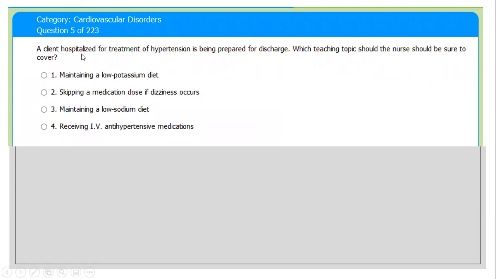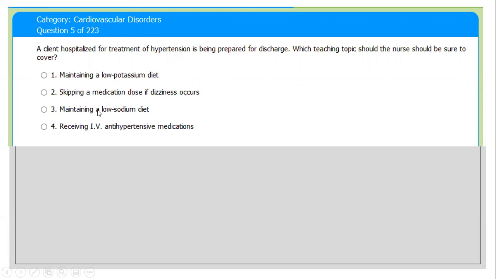A client hospitalized for treatment of hypertension is being prepared for discharge. Which teaching topic should the nurse cover? Number one, maintaining a low potassium diet. Number two, skipping a medication dose if dizziness occurs.